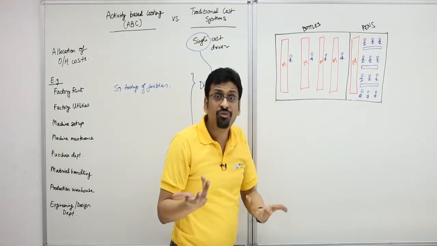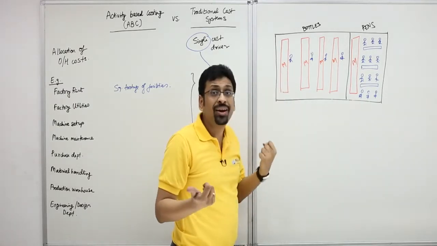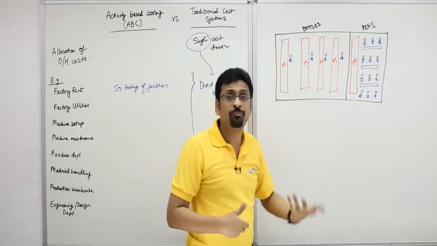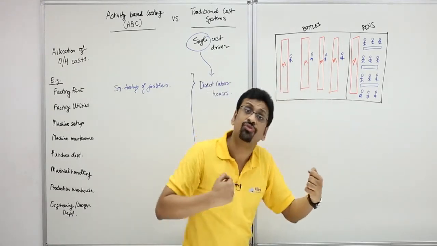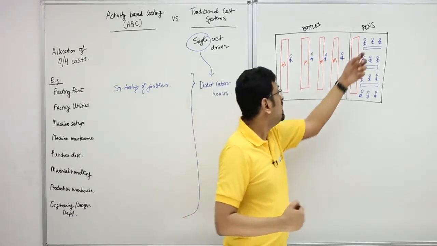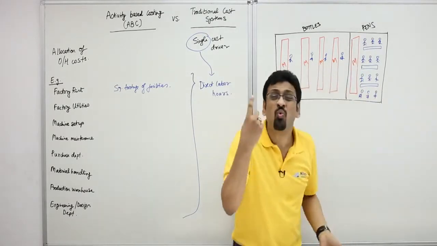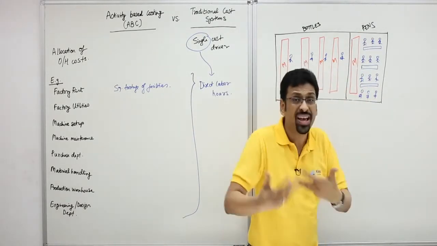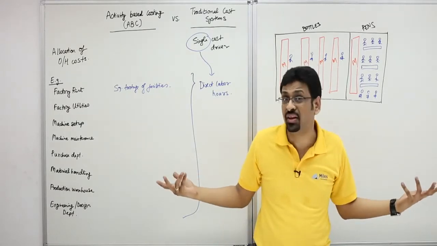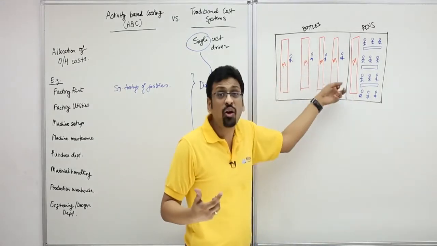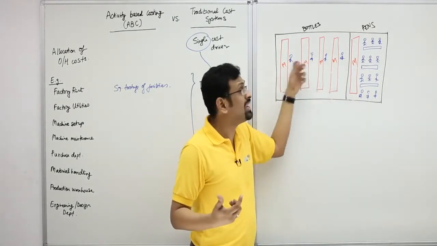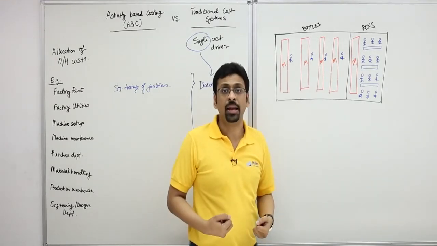Now that would not be fair because the bottles product line seems to be having more number of machines, seems to be running the machines for more number of hours. The pens department, they just have one machine, a lot of workers to assemble, but that does not use electricity. Here, a lot of electricity is consumed by this mechanized bottles product line.